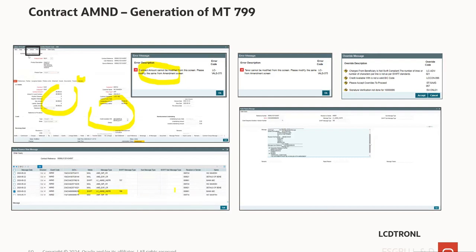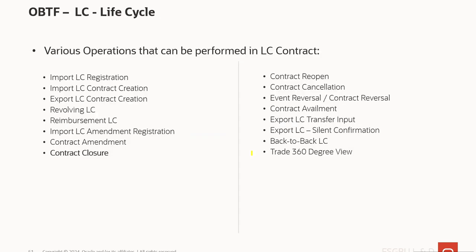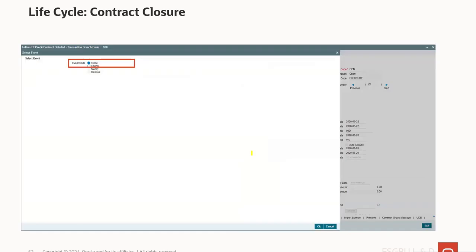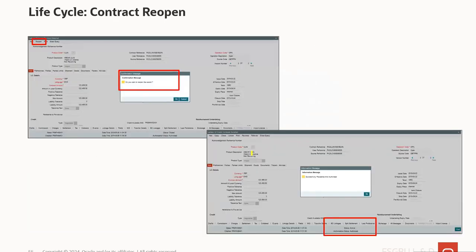It will give an override message and generate a 799, or we can suppress that if I don't want it. I'm not going into closure and reopen, those are simple ones.